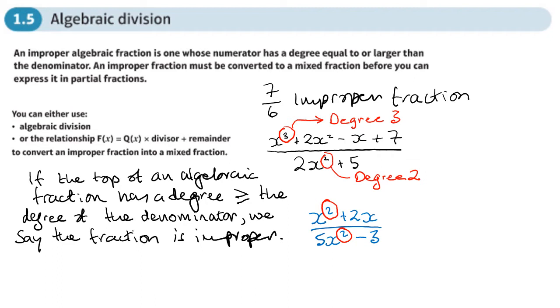And if we have an improper fraction, there are some steps we need to take. The first thing we need to do is long division, and we want to do long division to get at the quotient. Now, what's the quotient?